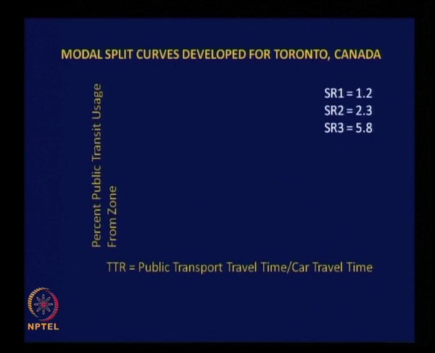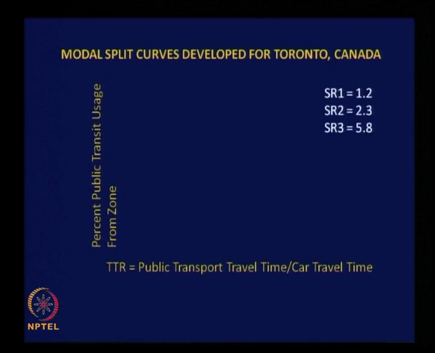Service ratio was considered as not a continuous variable. They just found that they can group SR into three categories with values 1.2, 2.3 and 5.8 based on field conditions.